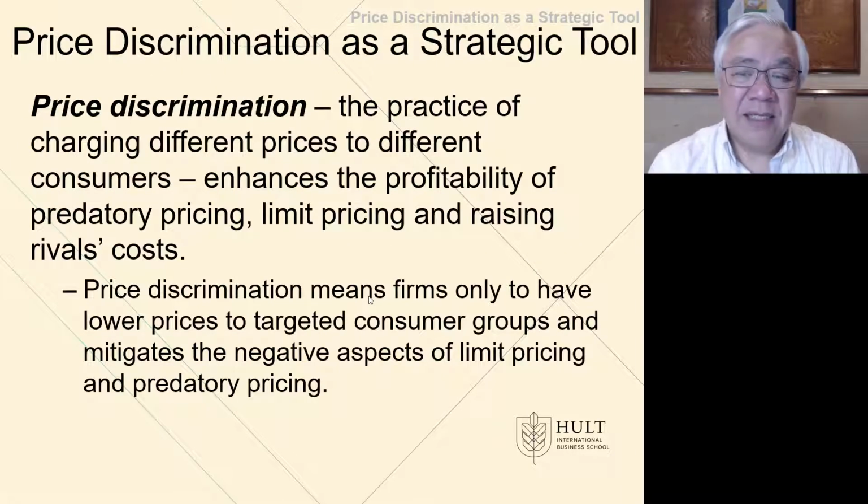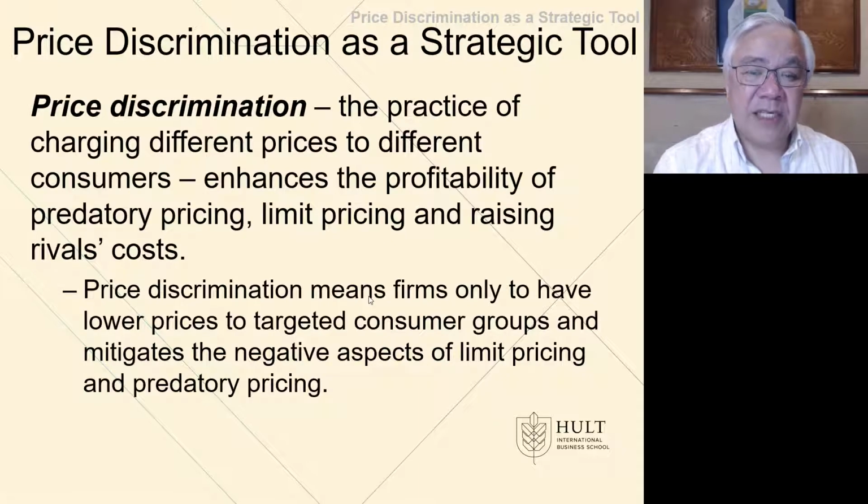The other idea is price discrimination as a strategic tool. You remember, price discrimination means we somehow can discern and separate the various people that comprise the market. And if we can find a way to target our competitors' customers and not touch our own, that would give us power. And that's what this bullet point below shows.